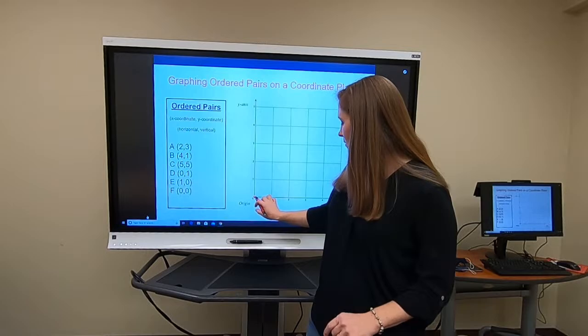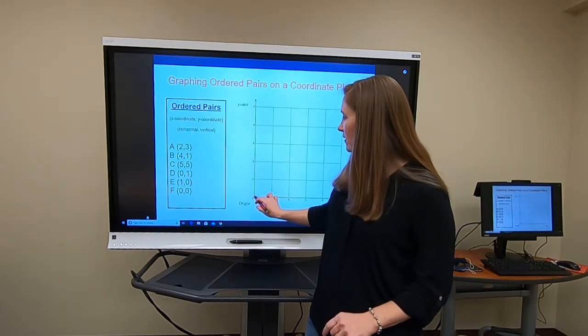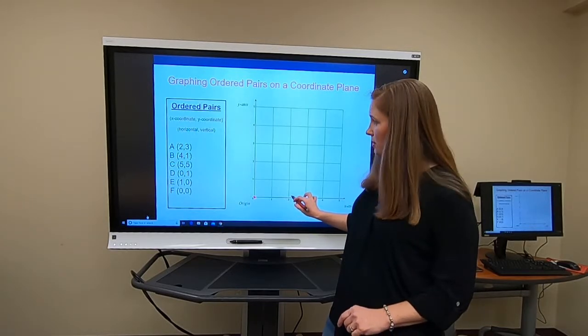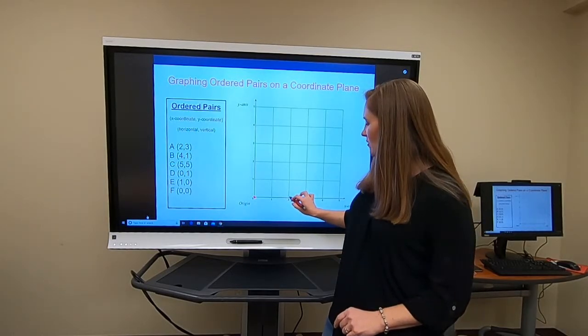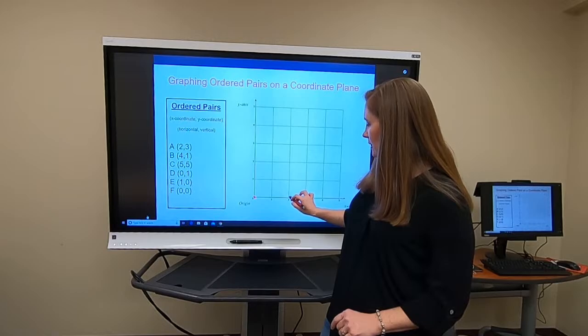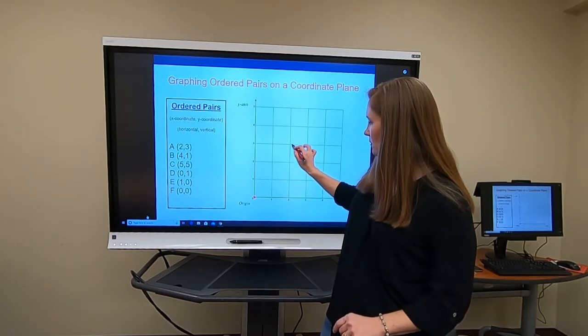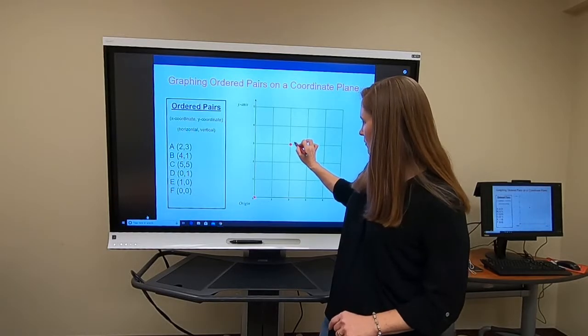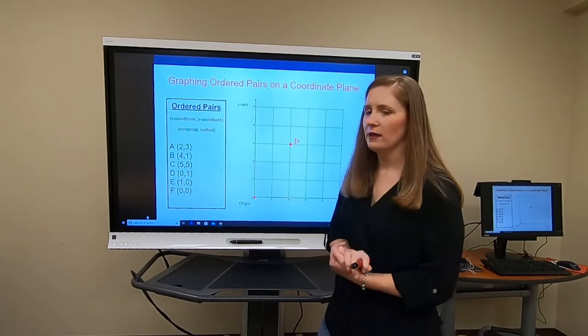Then I'm going to move horizontally 2. So I move across 2, and then I move 3 vertically. So I move 1, 2, 3, and that is where point A is located.